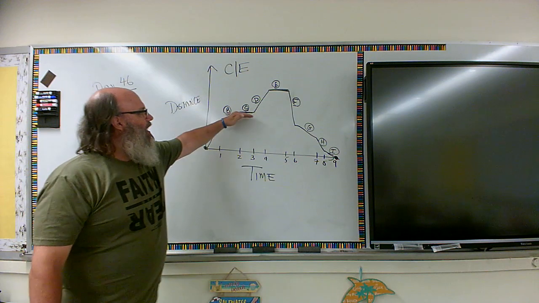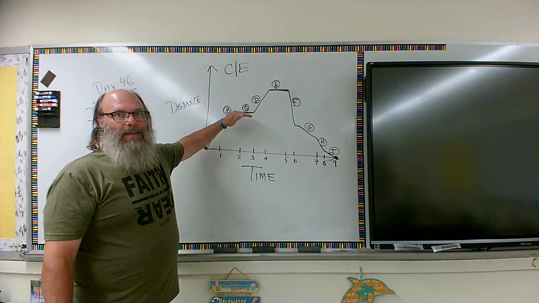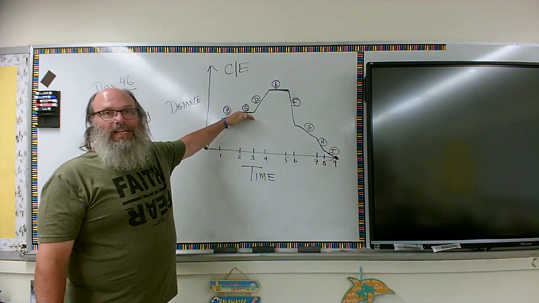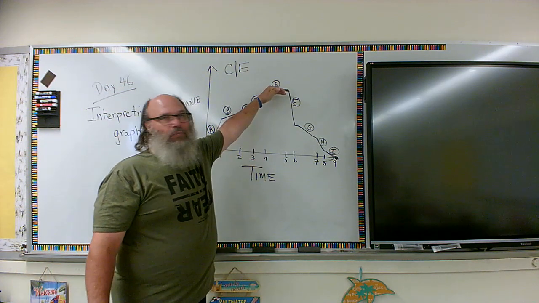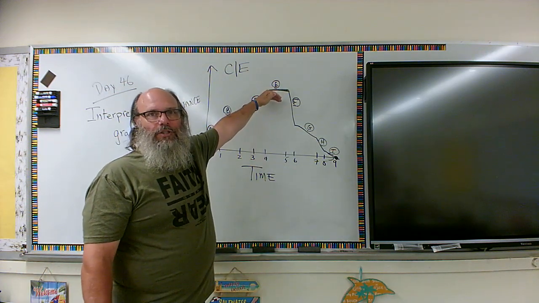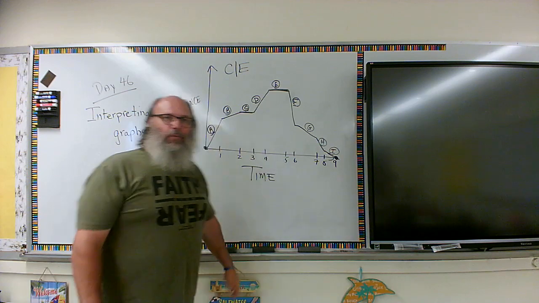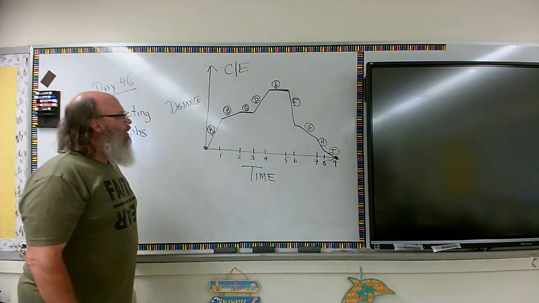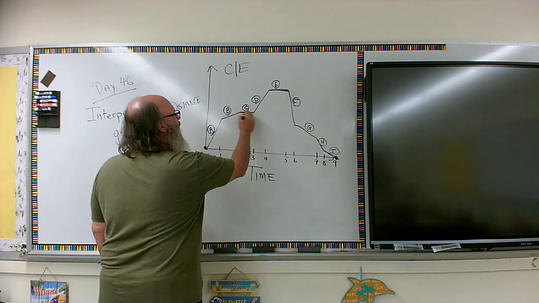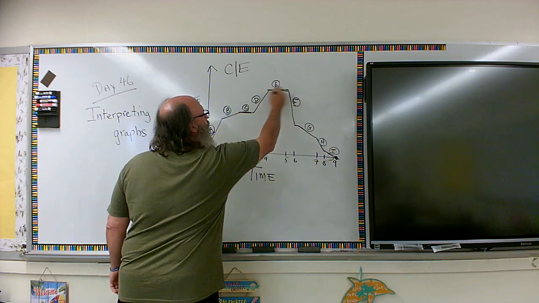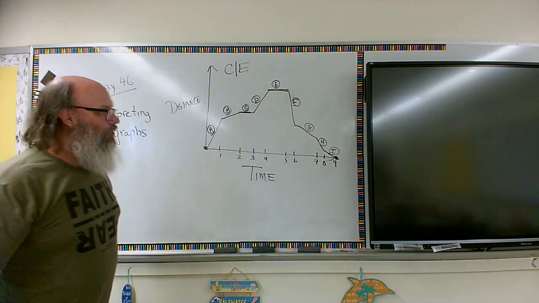They were sitting still. So maybe this is where the person stopped to eat breakfast. Maybe this is where the person stopped to eat lunch. And then they drove until they were done. But anytime you see time passing, but you're not going anywhere, you're stopped.